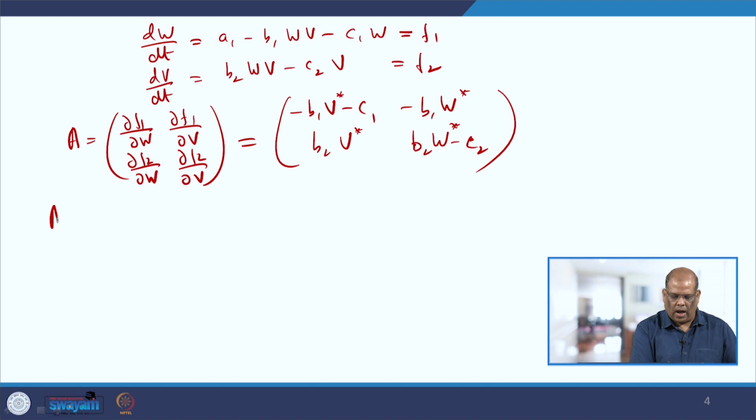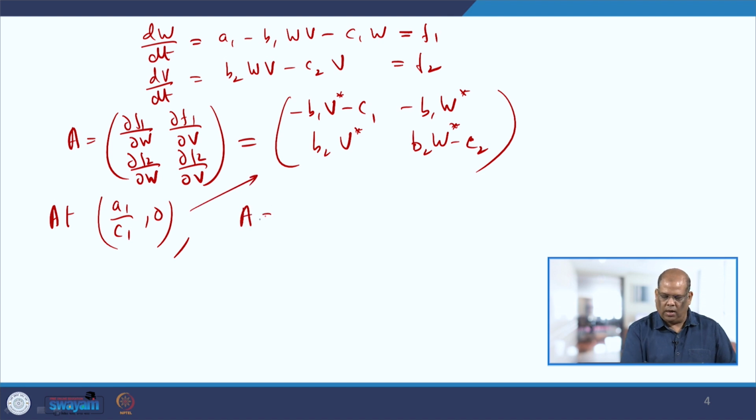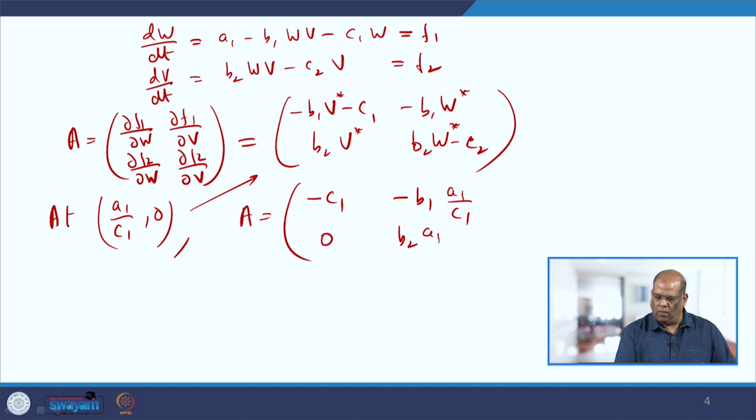So, at the equilibrium point A1 by C1 comma 0, I put those values here. V star is 0. So, here it is minus C1, this is minus B1 W, which is A1 by C1, this is again 0, this is B2 A1 by C1 minus C2.